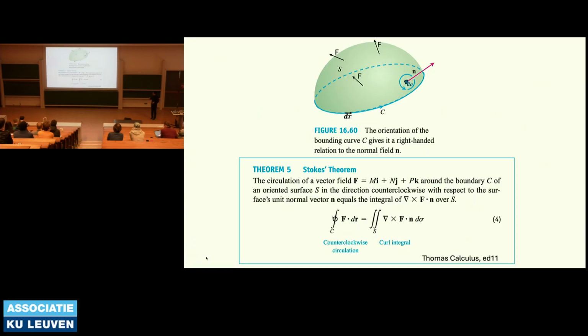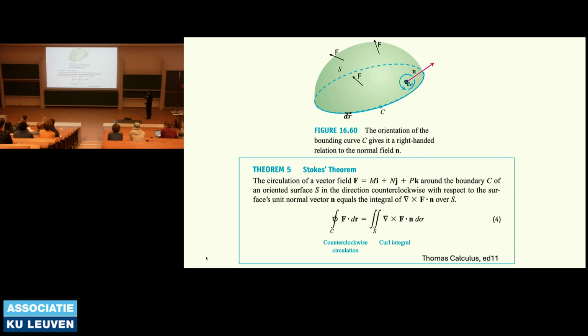So let's start with the Stokes theorem, which is the theorem we learn in undergraduate courses. Basically, we have a line integral, or the circulation of this vector field f, which is equal to the surface integral of the curl of this f.